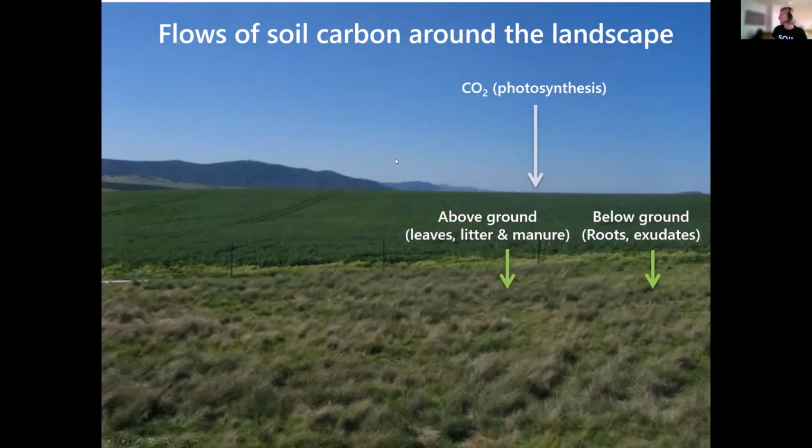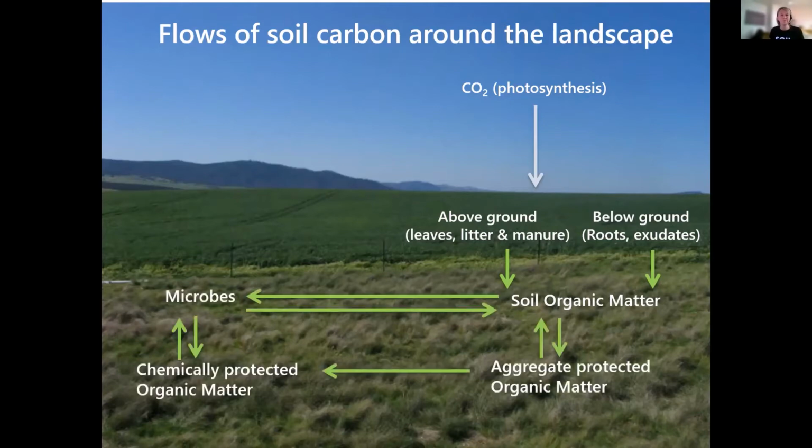Now we have these above ground and below ground pools of soil organic matter. Once it's within the soil, that's what we're dealing with when we're looking at a soil test. Above ground, it could be leaves, litter, and also manure from our grazing livestock. Below ground, we've got roots, root exudates, and also that microbial life within the soil. Once organic matter is in the soil, there are different pathways that it can take.